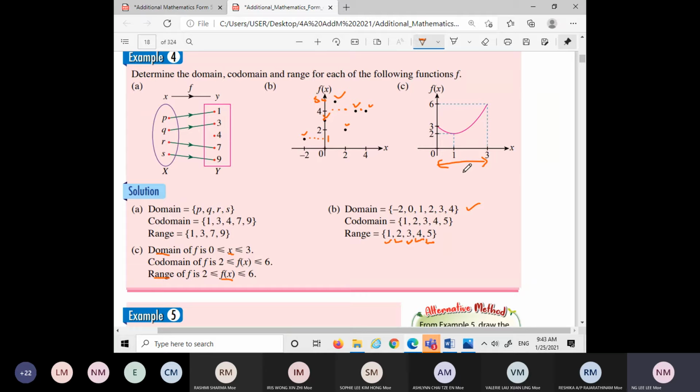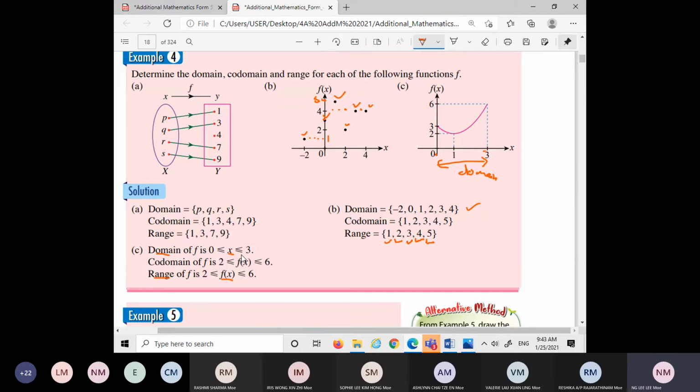So for domain, it's from 0 to 3, including 0 and 3. Therefore, you have an equal sign.